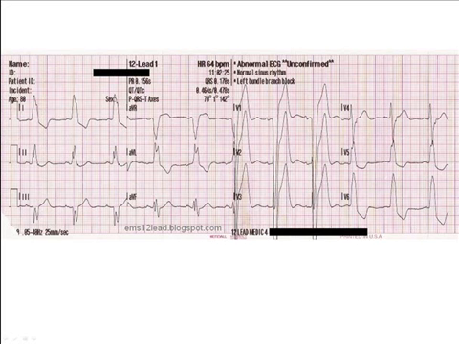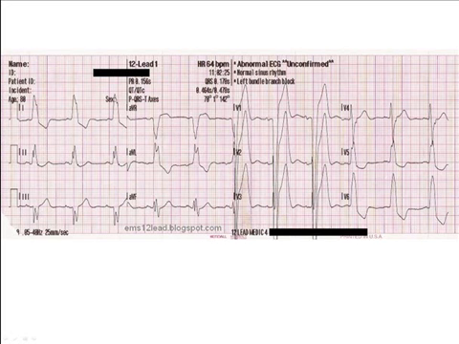Here's a left bundle branch block. Is this a new or old bundle branch block with an MI associated with it? Lead 2 has concordance.